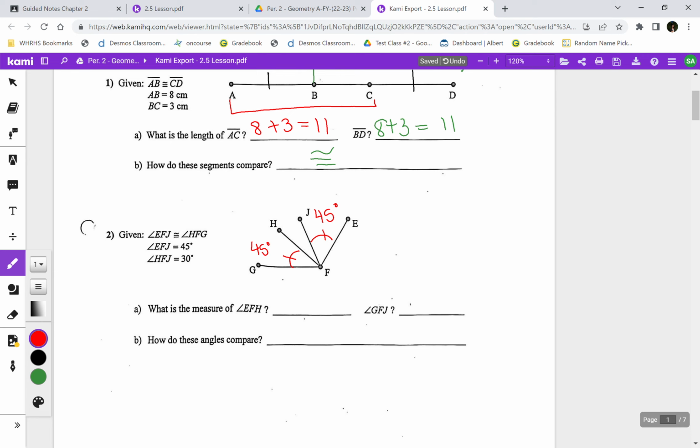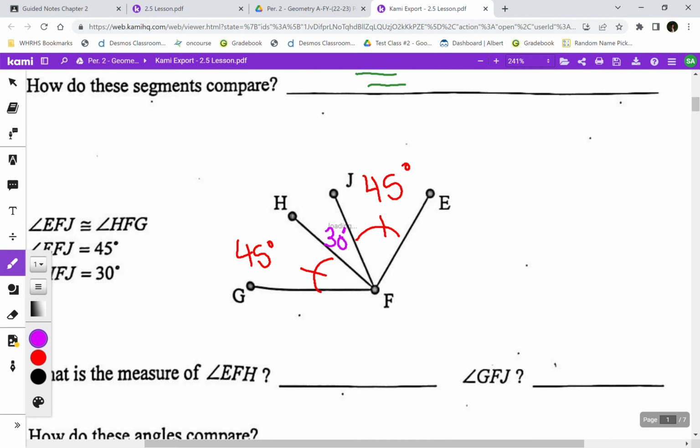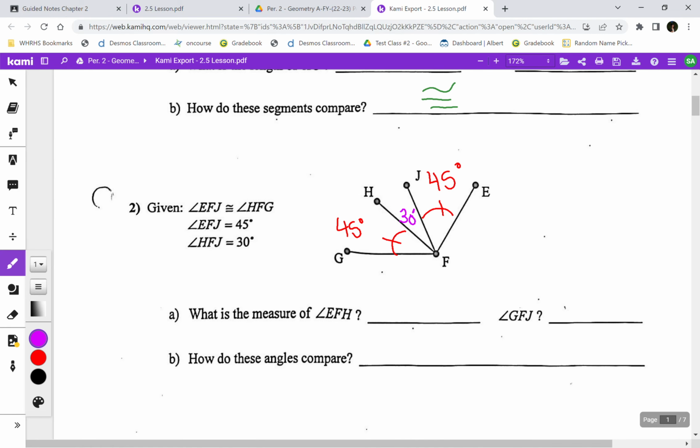The last piece of given information that we're told is that angle HFJ in the middle here is 30 degrees. Now we want to find the measure of angle EFH, E to F to H, this angle right here.